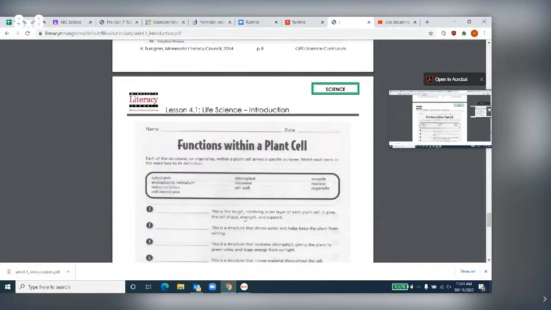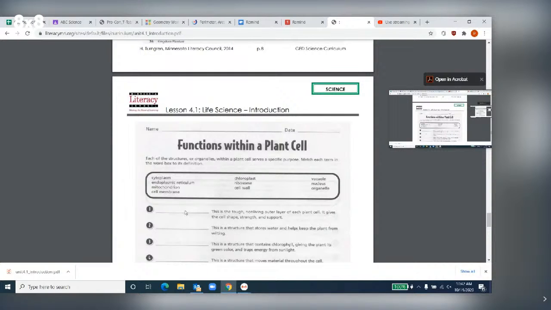That's the vacuole, right up there. Three, this is a structure that contains chlorophyll, giving the plant its green color and traps energy from sunlight. That would be chloroplast. And that's right up here.